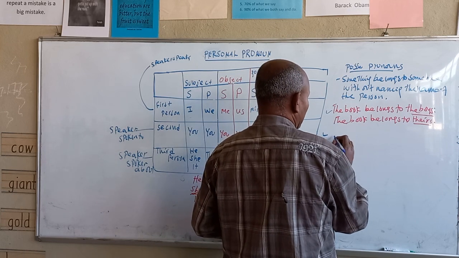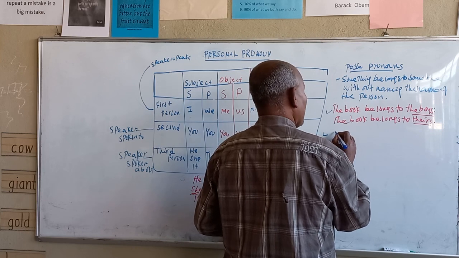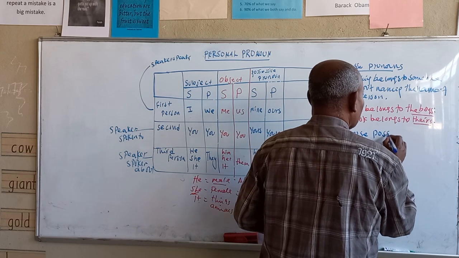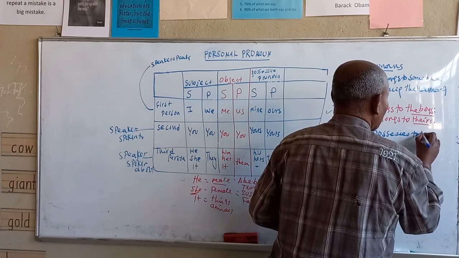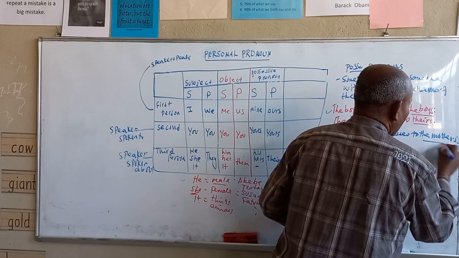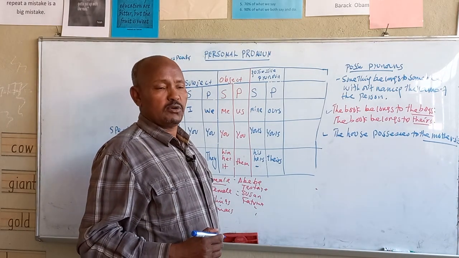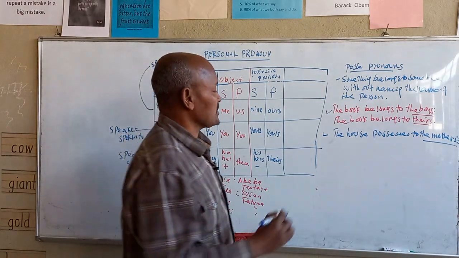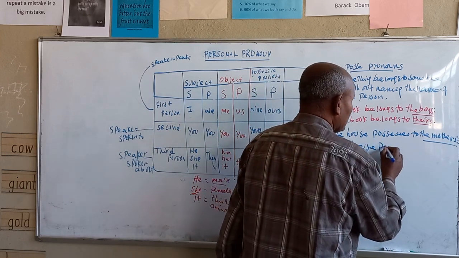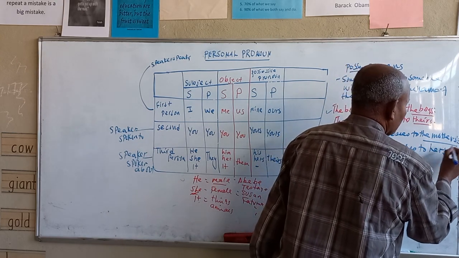As another example, look here. The house possesses to the mothers. Whose house is this? The mothers'. Look here. The house possesses to hers.